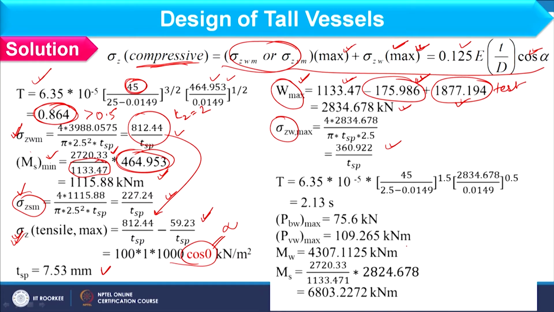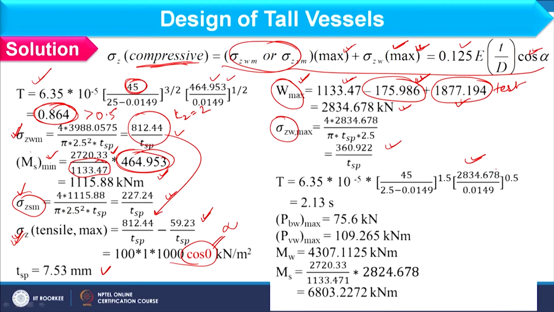Now, next we have to find out sigma ZWM and sigma ZSM at maximum condition, right. So, for that we have to calculate period of vibration. So, you can see that through this expression where I considered the maximum possible weight, and the value of T should come out as 2.13, right.